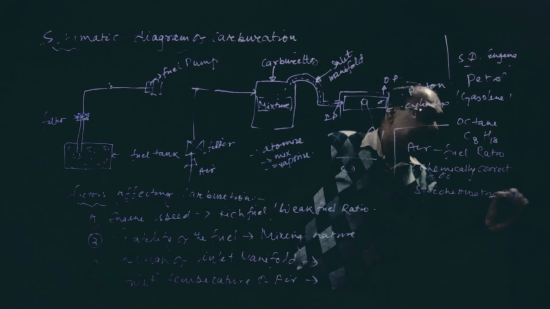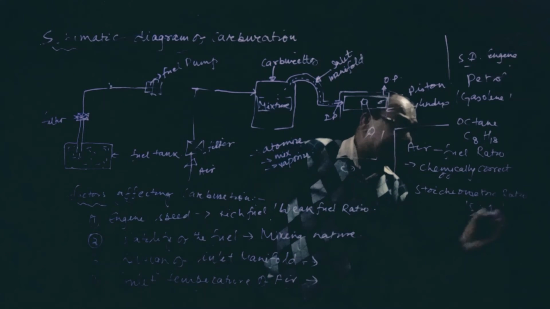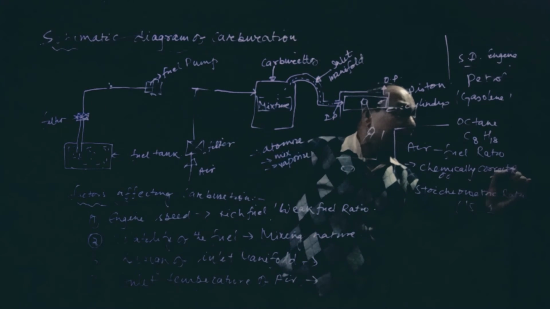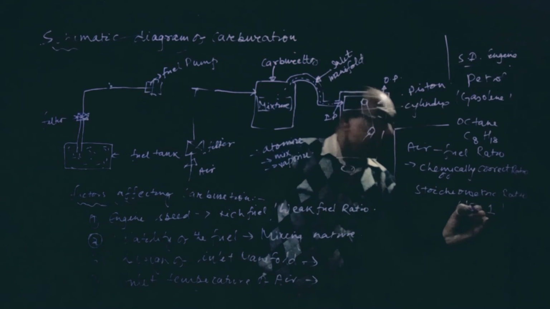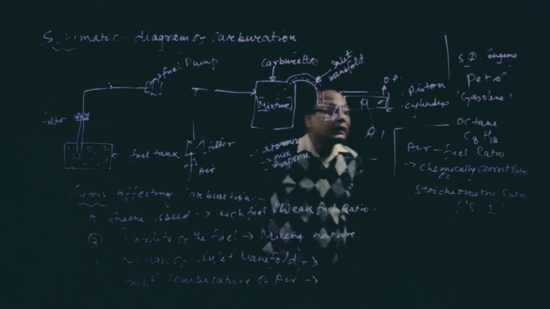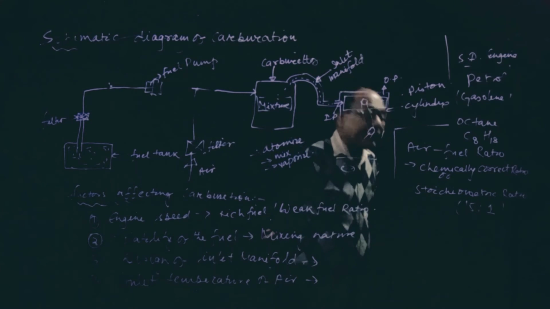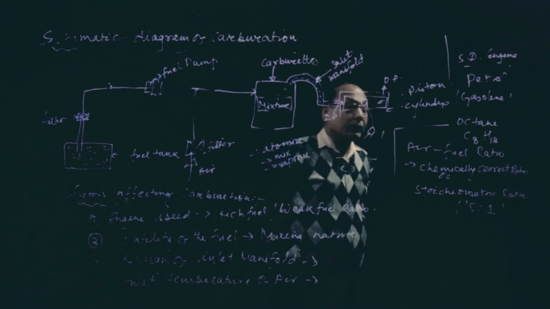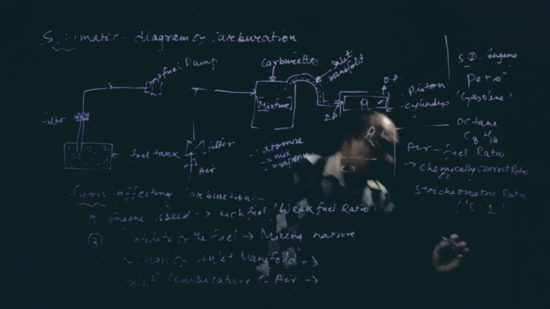That ratio is 15:1. That means chemically correct. It is called chemically correct ratio, or stoichiometric ratio, is 15:1. That means by mass, 15 kg air and 1 kg fuel. That ratio is called chemically correct ratio.